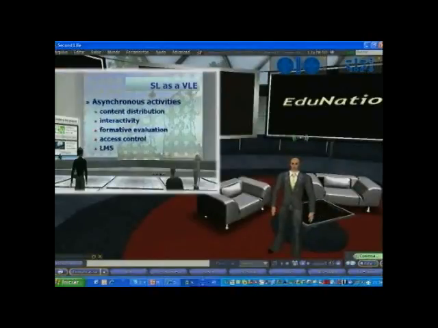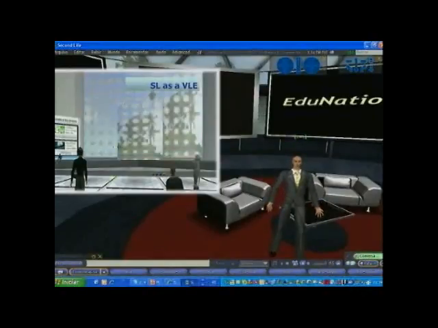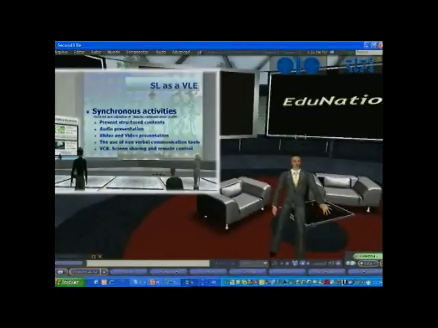The question is, we have synchronous activities, and for these we must use LMSs as complementary tools. These synchronous activities are like this one we are using now.